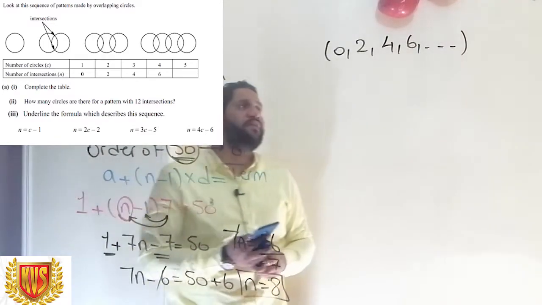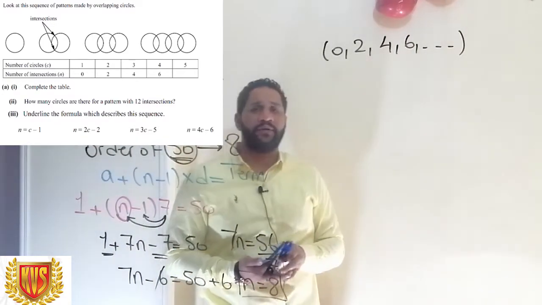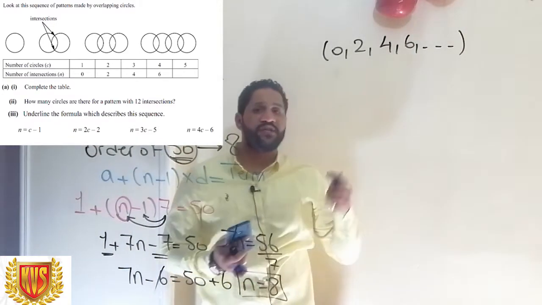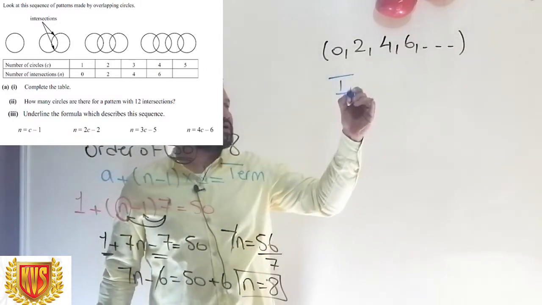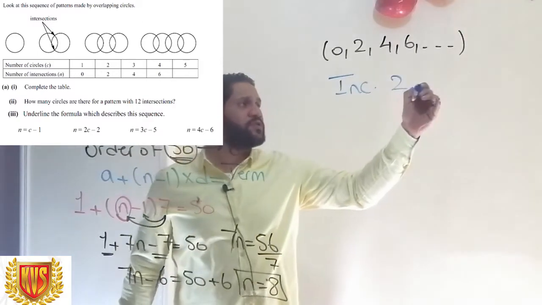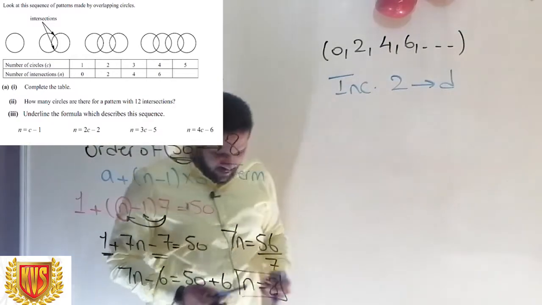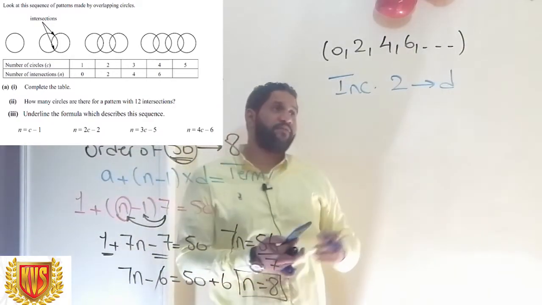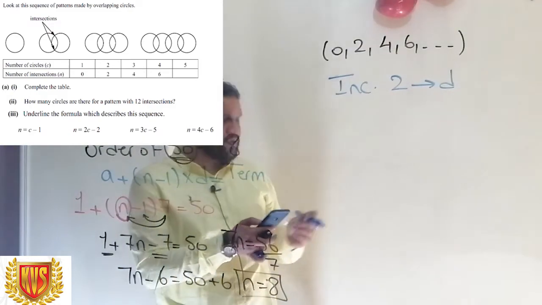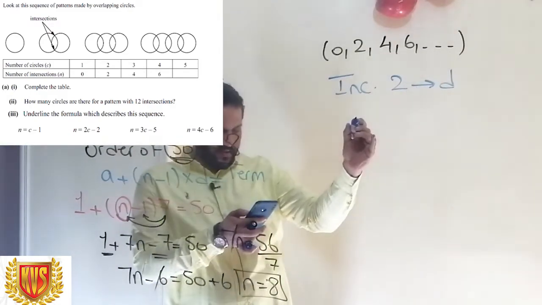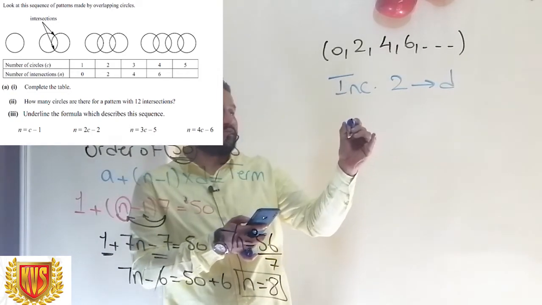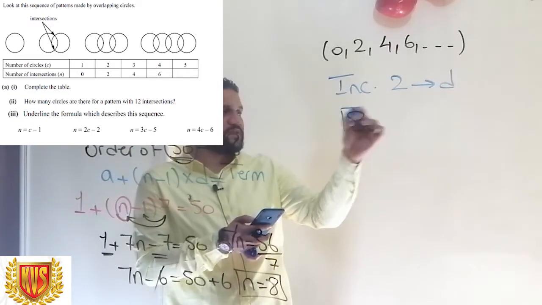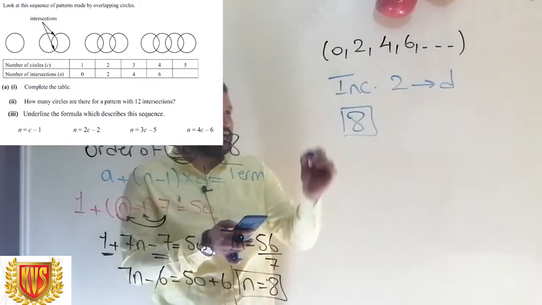This sequence is increasing by 2, so that means that this is my difference. So when I have 5 circles, I will add 2. That means I'm going to have 8 intersections, and this is the missing number in the table.